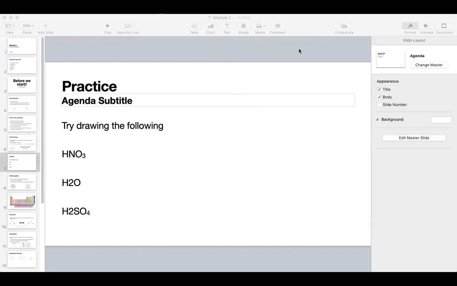Oh, let's see. I can see it right here. So breakout room 1 consists of Pablo, Melissa, Angie, and Alejandro. So you guys are gonna do the first one, HNO3. I'd like for you guys to draw that. The second one consists of Dilene, Lex, which I'm guessing is Alexis, Masha, and Sophia.